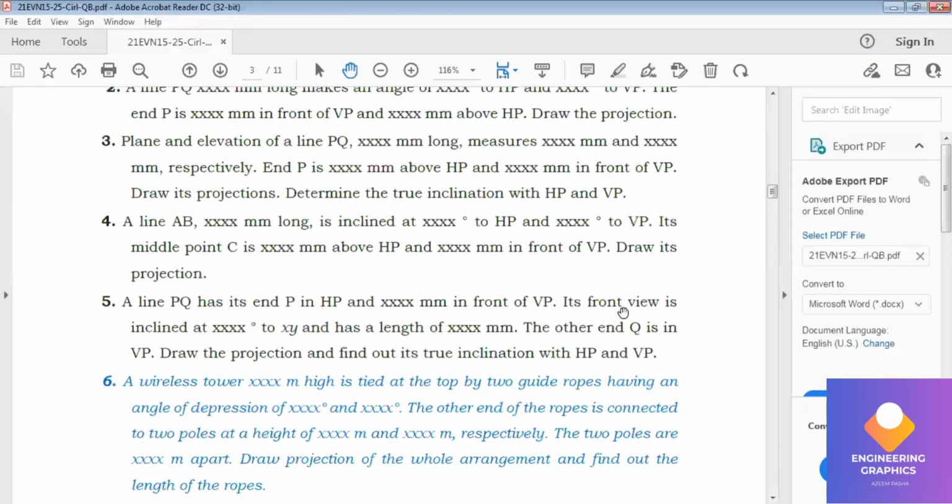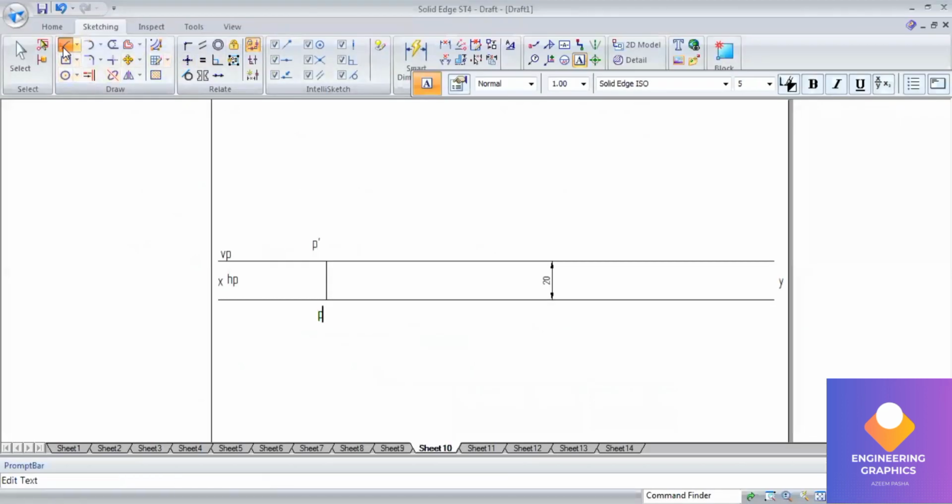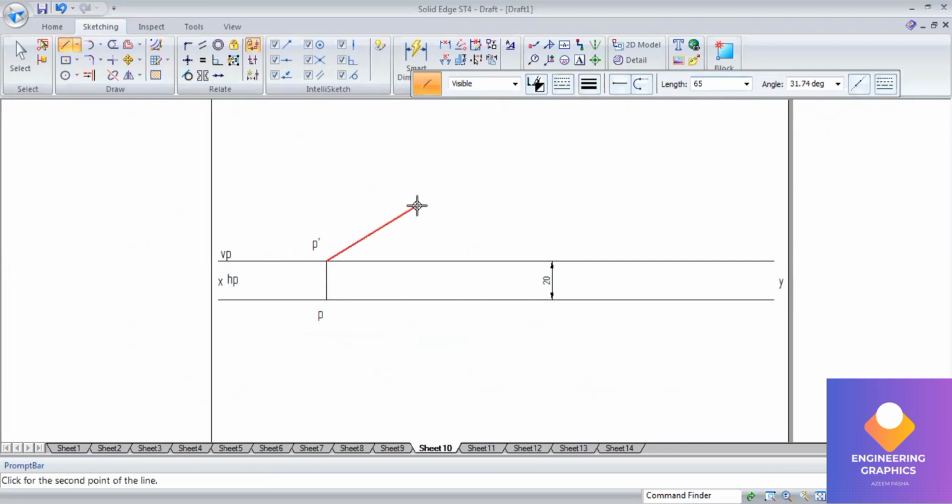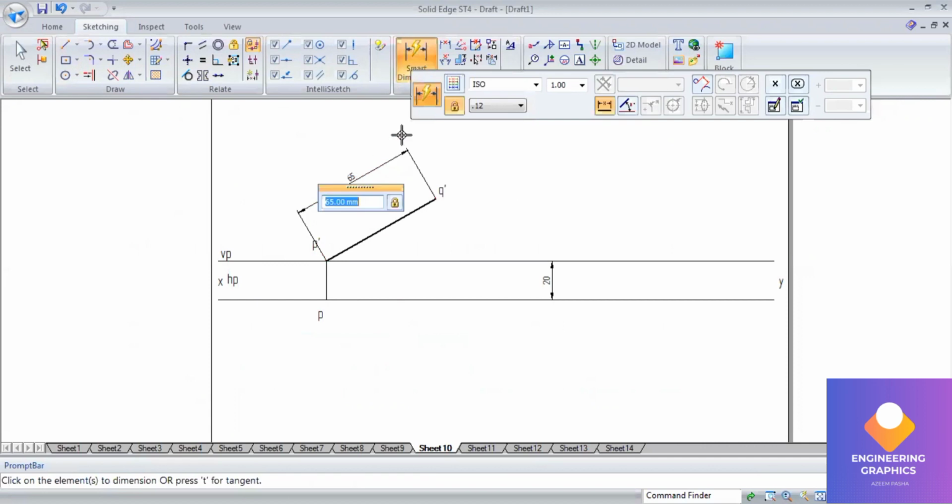You can see its front view is inclined at some degree to XY and has a length. That means we should consider the upper end length and angle here to construct it. Here I'll consider the length 65 and angle 30 degree for this upper end length. You can mention Q dash, and mention the length and angle also.